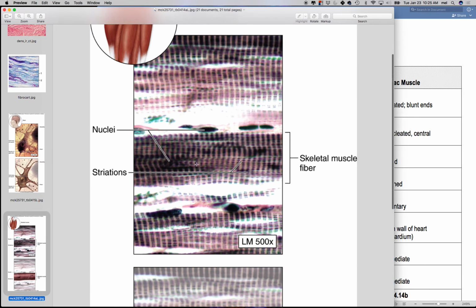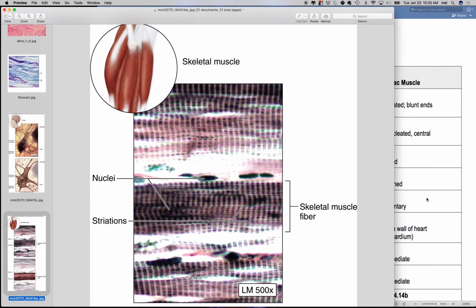This is skeletal muscle, and skeletal muscle is the longest of the three. Usually you don't see the ends of a skeletal muscle fiber in a histology slide because they're up to a foot long, so you're not going to get the ends of them. If you did see the end, however, skeletal muscle is elongated and it has blunt ends.